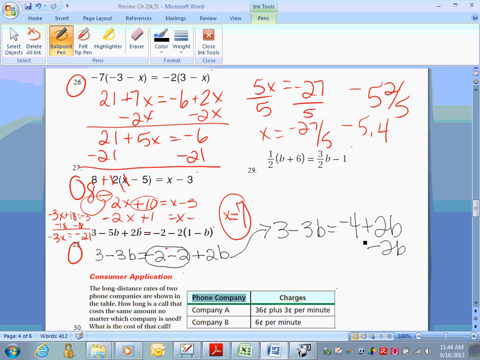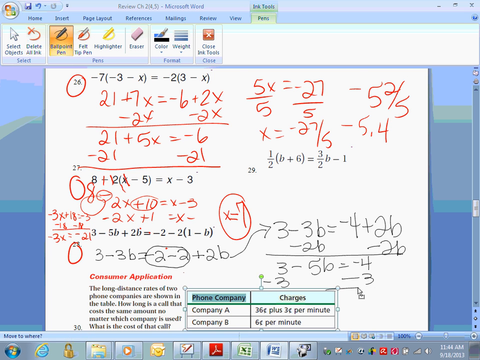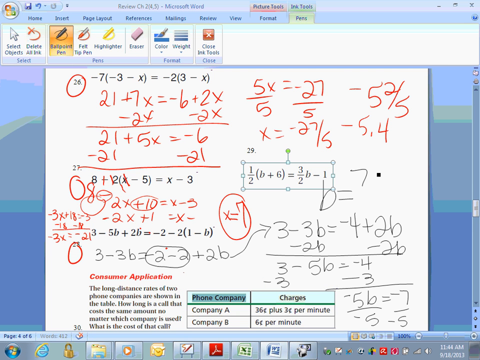Moving my 2b to the left, I have 3 minus 5b equals negative 4. Moving my 3 to the right, I have negative 5b equals negative 7. I need to divide both sides by negative 5. And my final answer is, oops, that was a negative, 7 over 5.